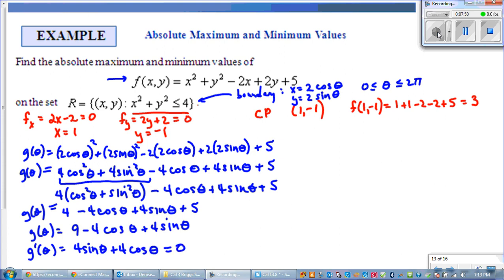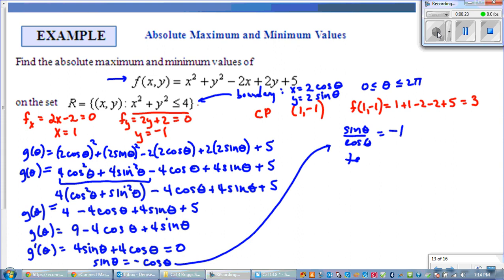So that means that sine of theta plus cosine theta is equal to 0, or sine theta is equal to negative cosine of theta. I'm going to divide both sides by cosine of theta. And so I'll have sine theta over cosine theta equal to negative 1, or just tangent of theta equal to negative 1.